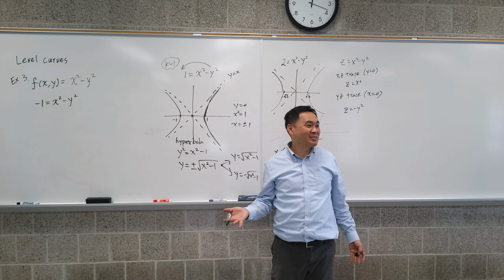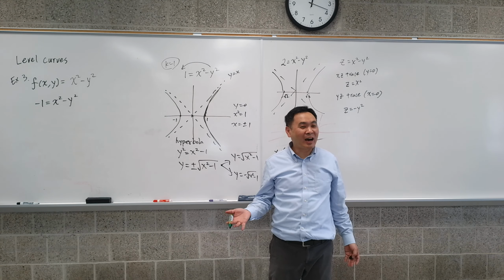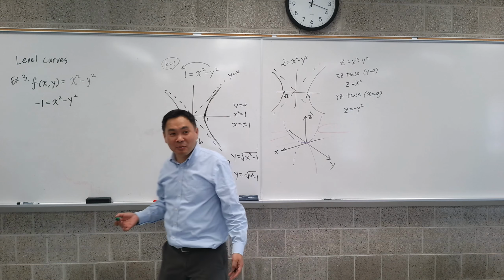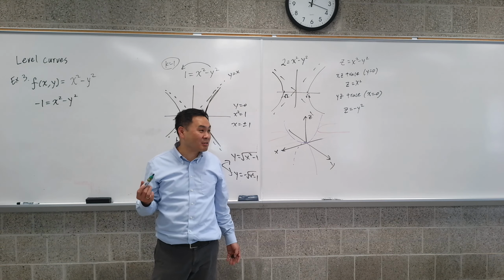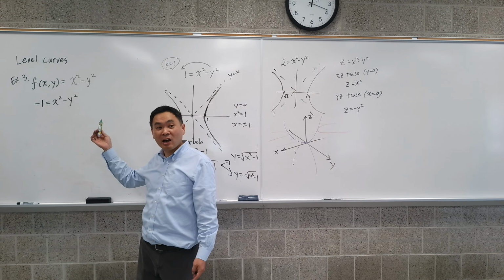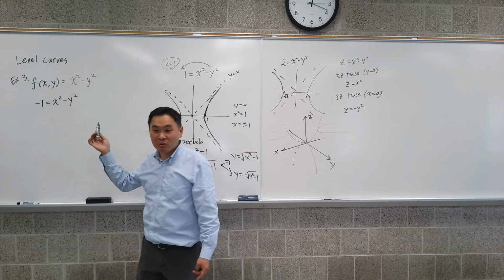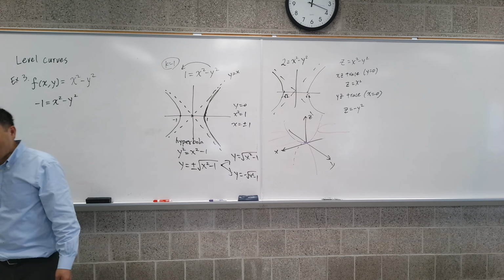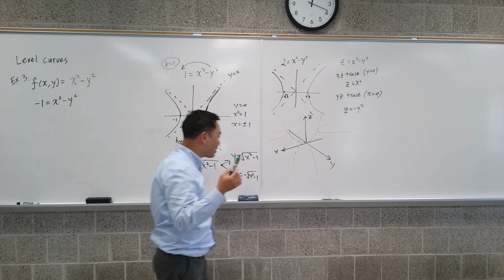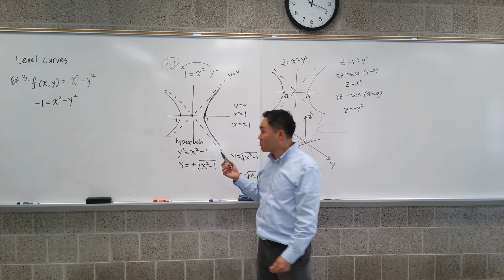Which means x is plus or minus i, but that doesn't exist on the coordinate system, meaning this thing is not going to have any x-intercepts. However, it's going to have y-intercepts. How do you get y-intercepts? You set x at 0, right?